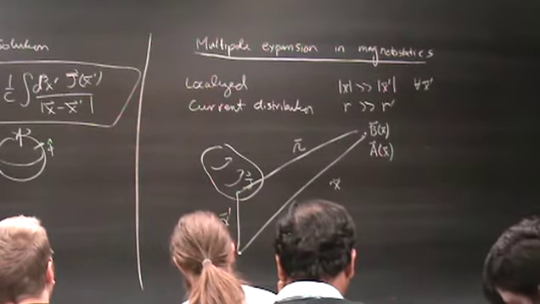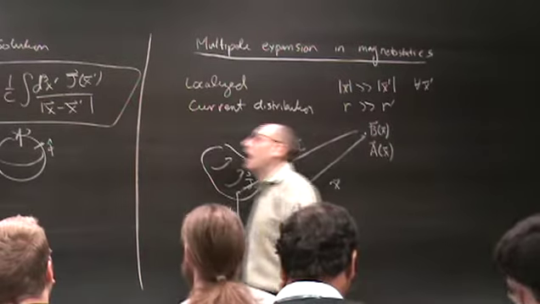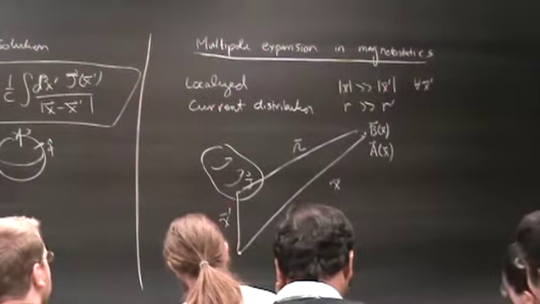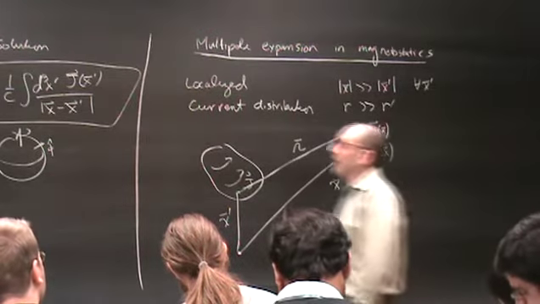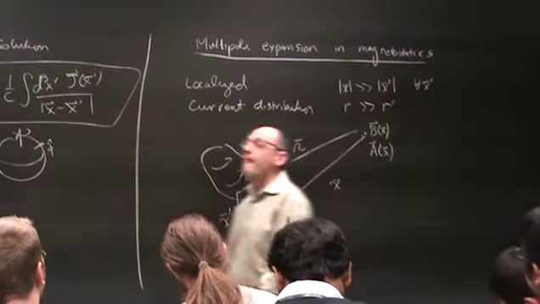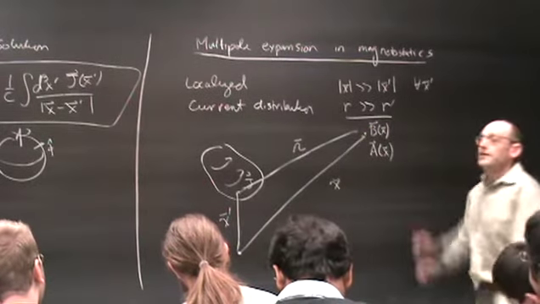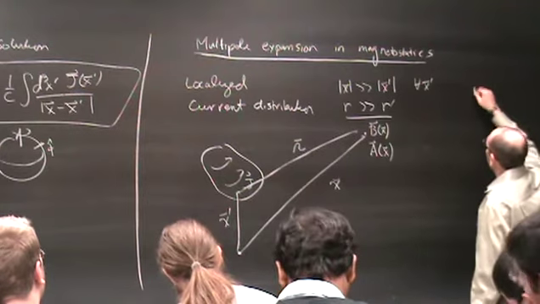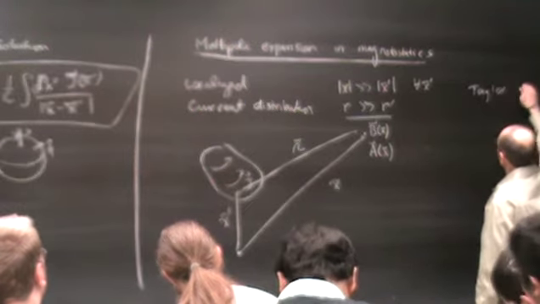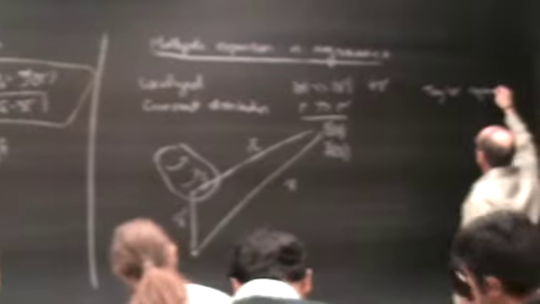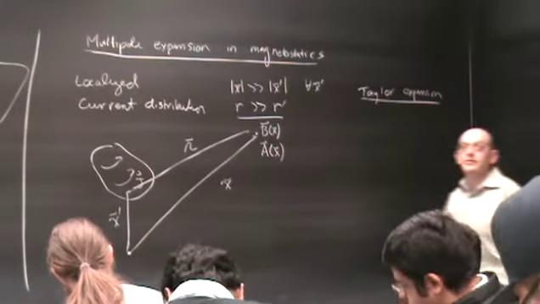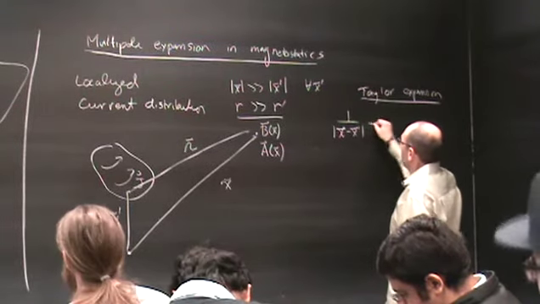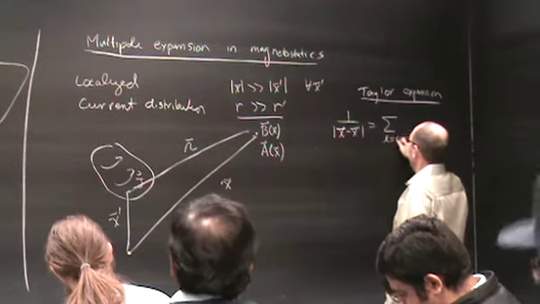Okay, so as we did in the electrostatic case, we can do this in general by Taylor expanding the Green's function under this condition. We use the same Taylor expansion that we derived in the context of electrostatics to write the Green's function as a sum over polynomials.